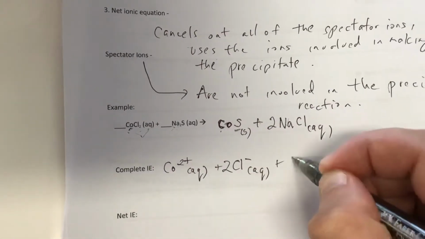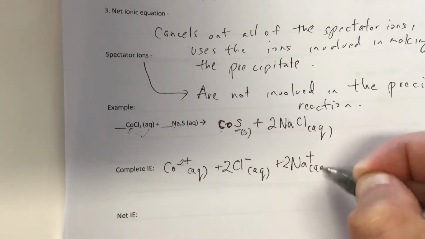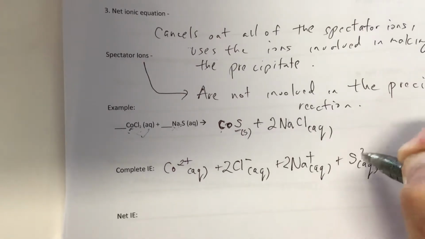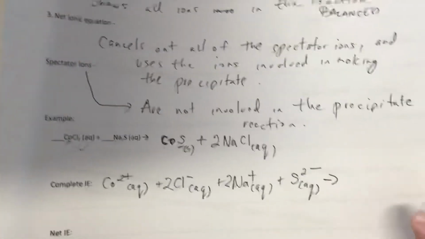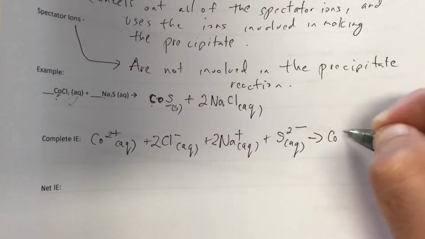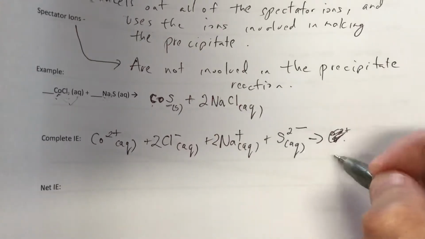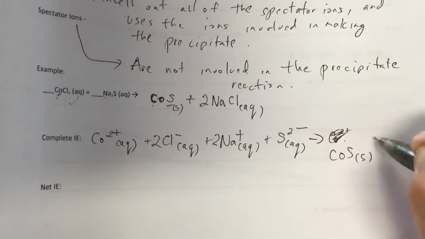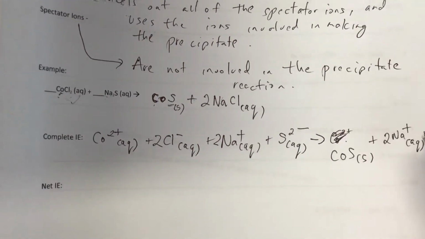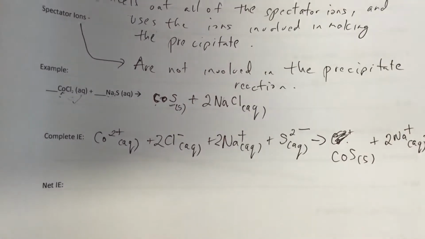Okay, plus 2 sodium aqueous plus it's going to give us, so this is our solid, so we're just going to write it together, 2Na plus aqueous plus 2Cl minus aqueous.